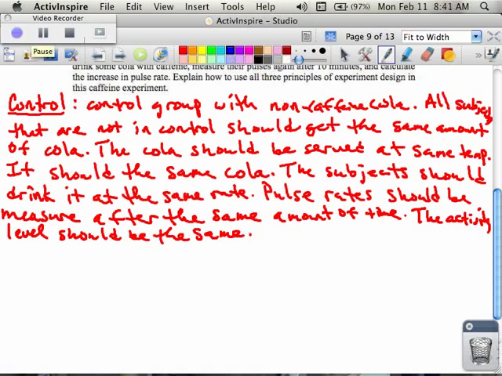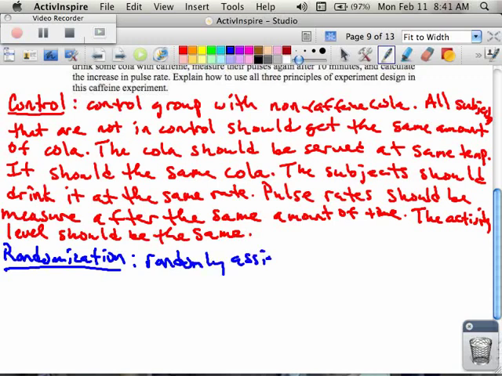All right, next, let's talk about number two, the randomization. Randomly assign our subjects, because they're people, to one of the two treatments.